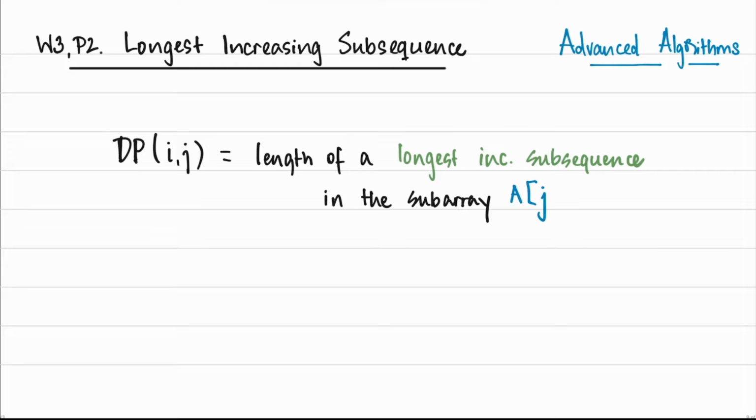So in the subarray j to n, such that, well, now we want to capture the information about the magnitude of the elements in this increasing subsequence. So among all the subsequences, I'm only interested in those which are compatible with a of i. This is what I'm looking for. So I want to say that the first element is larger than a of i.